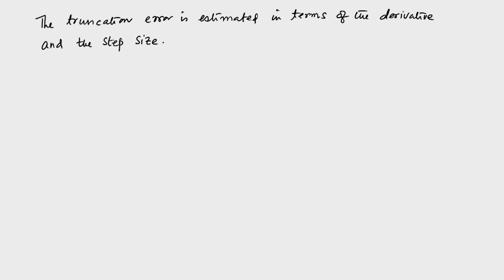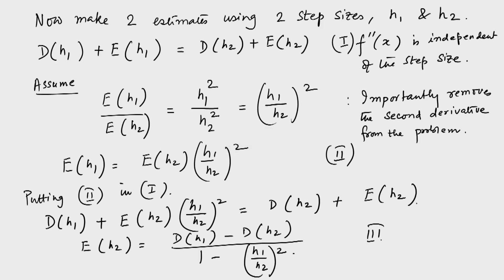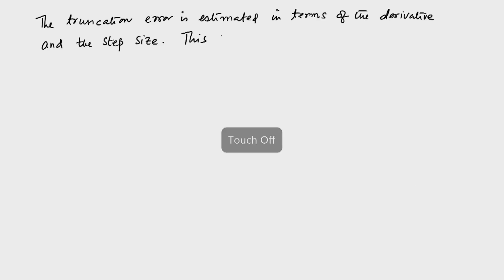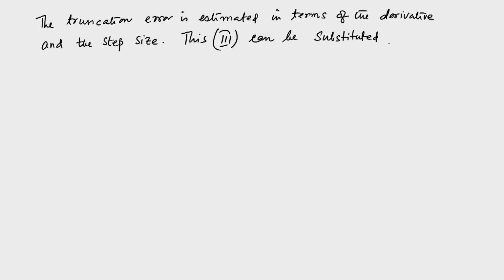And the step size. Okay. So this can be substituted into this last one, let us call this as 3. So, equation 3 can be substituted into the parent formula, so to say, which is D = D(H2) + E(H2).